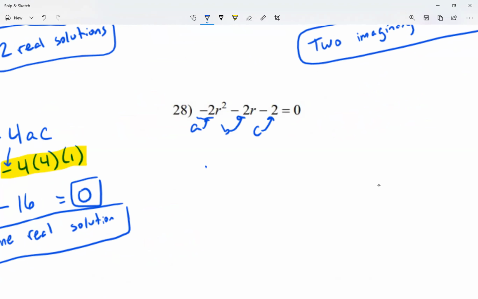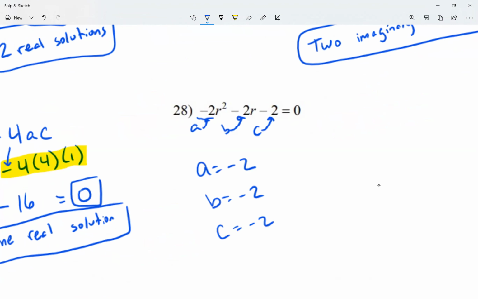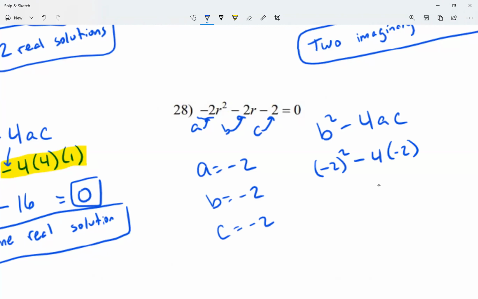So I'm going to say my A is negative 2, my B is negative 2, and my C is negative 2. Now remember the formula, B squared minus 4 times A times C. So negative 2 all squared minus 4 times negative 2 times negative 2.